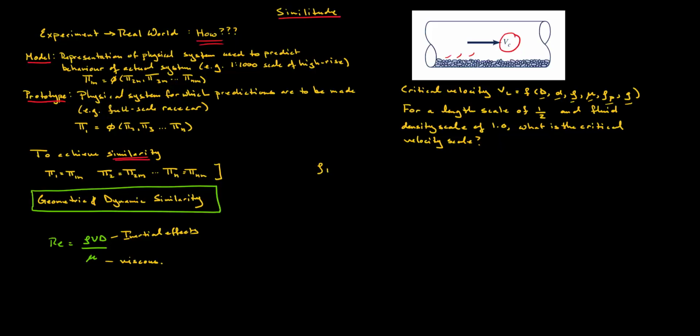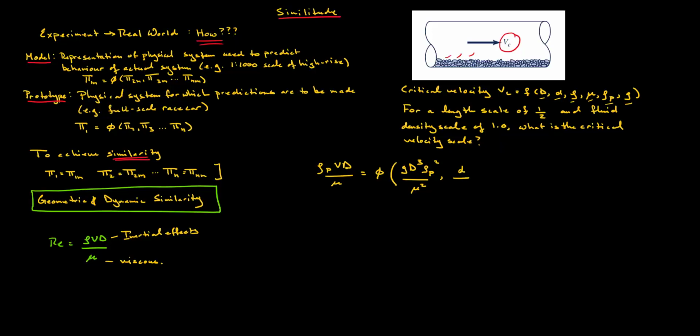So we have the density of the particles multiplied by v d over mu is equal to some function of g d to the power 3 rho p to the power 2 divided by mu squared.